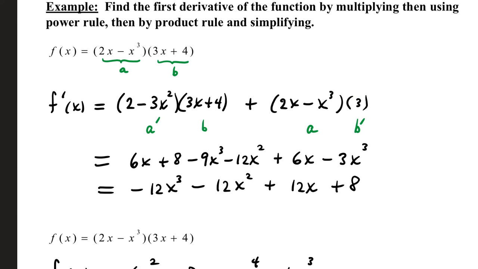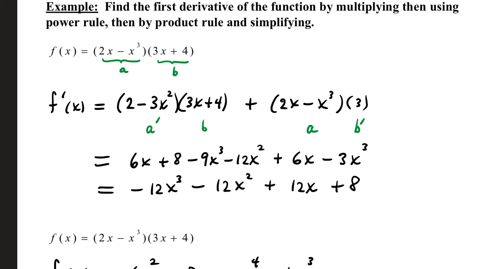Combining like terms, we have negative 9x cubed minus 3x cubed. That's negative 12x cubed. There's only one x squared term, so recopy it. There are two terms that are x, 6x plus another 6x, that's 12x. And there's only one constant, 8, so make a copy. This is our first derivative using product rule.